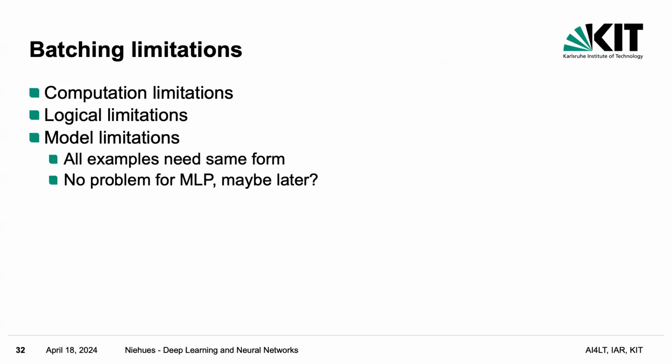And again, that means what type of algorithm you use is also partly driven by the implementation. So this only works to process several things in parallel if all your input examples have exactly the same form, so you can do exactly the same calculation for all of them.